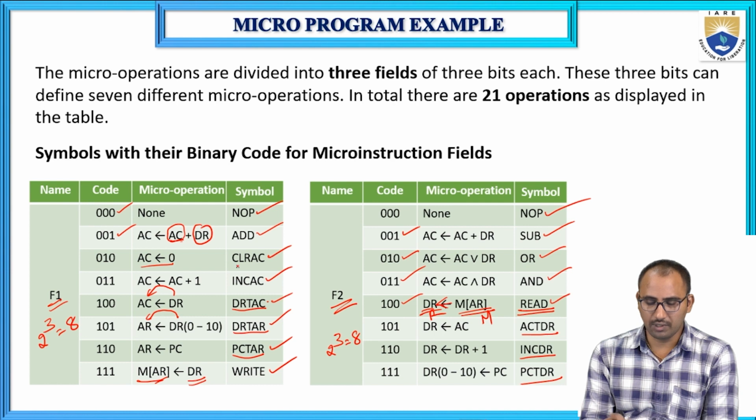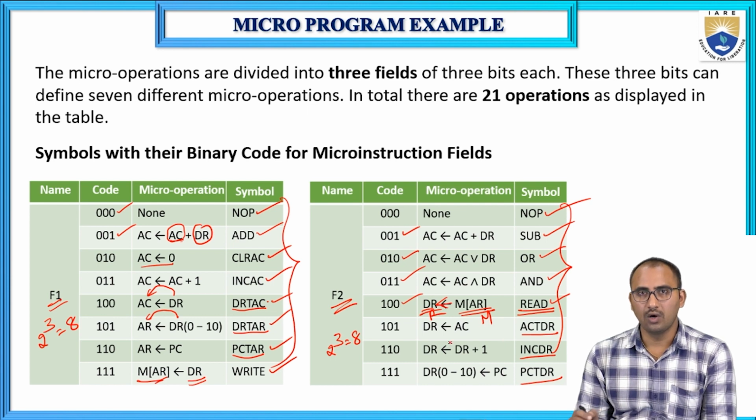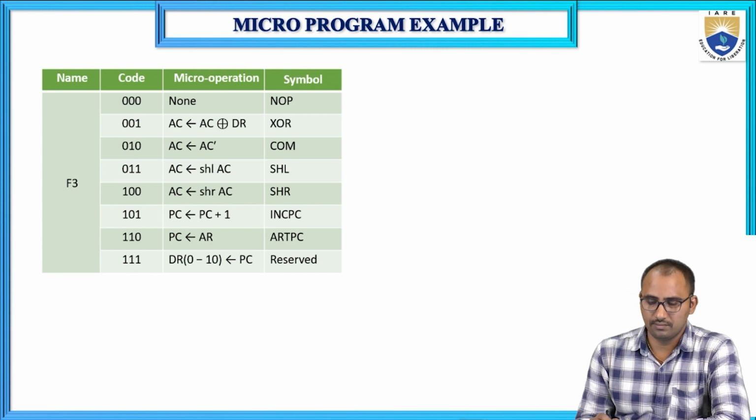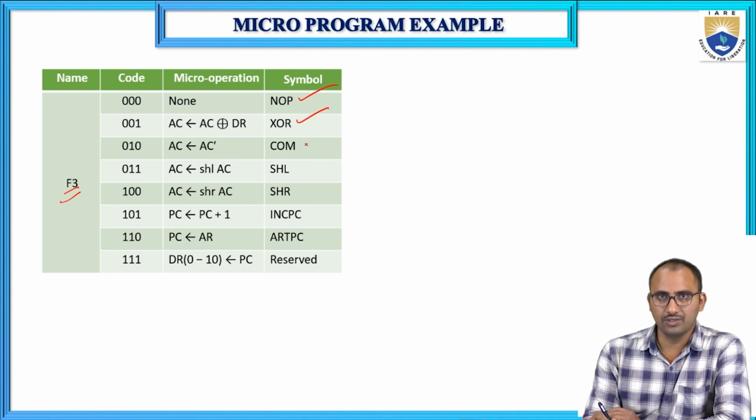So these are the F1 and F2 fields. The F1 field performs arithmetic operations, the F2 field performs logical operations, and F3 performs shift operations. Okay. So the F3 field: the first micro operation is also NOP. Next, XOR operation, complement, shift left, shift right, increment program counter, address register to program counter.